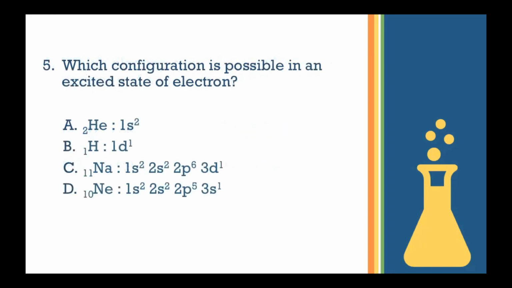Number 5. Which configuration is possible in an excited state of electron? A helium 2 is 1s2, B hydrogen 1 is 1d1, C sodium 11 is 1s2, 2s2, 2p6, 3d1. Letter D, neon 10, 1s2, 2s2, 2p5, and 3s1.